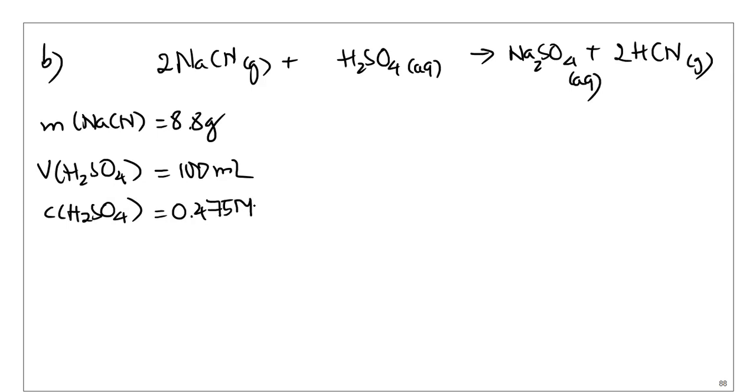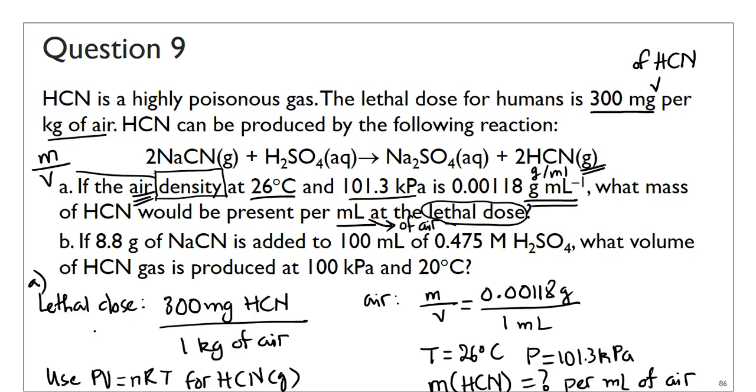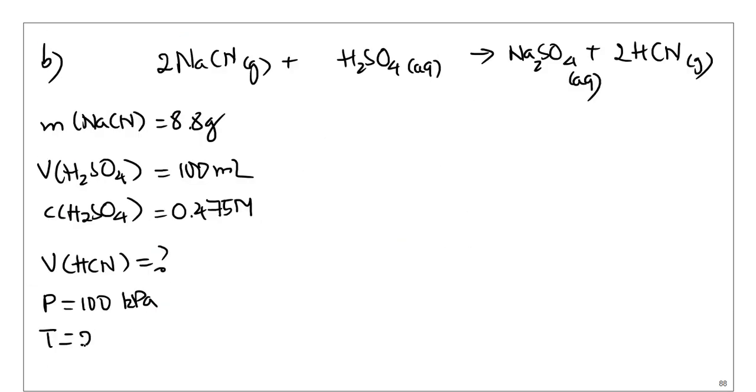You need to find the volume of hydrogen cyanide produced given a pressure of 100 kilopascal and temperature 20 degrees Celsius, which I'm going to go ahead and convert to Kelvin because I think I'm going to use the universal gas law in this question.